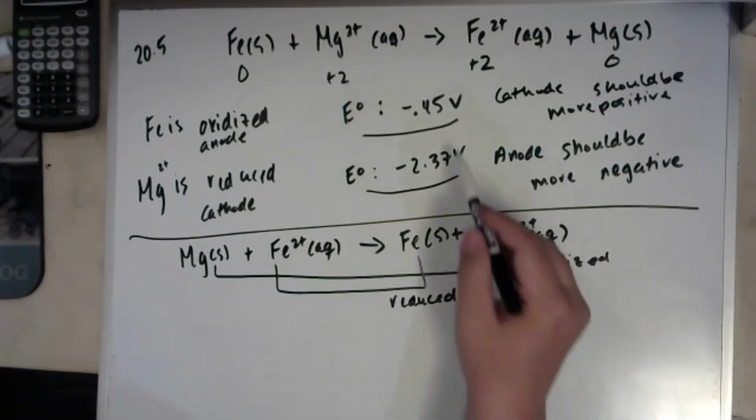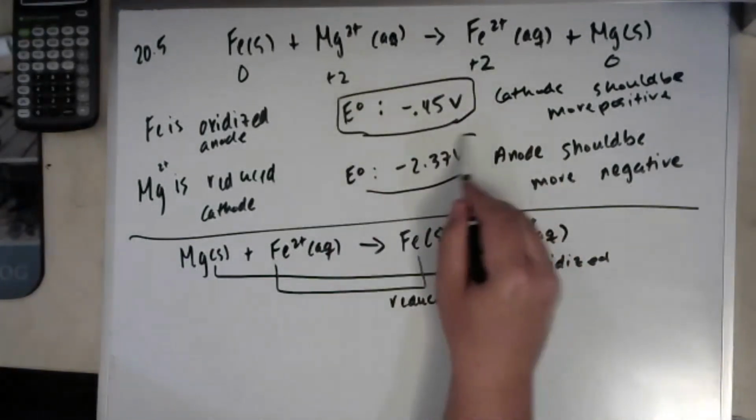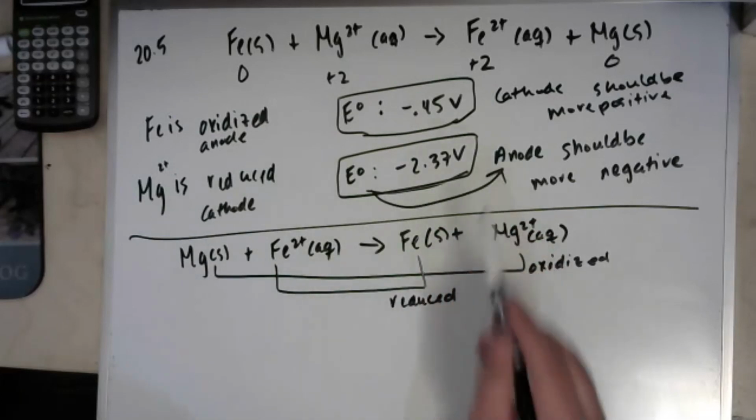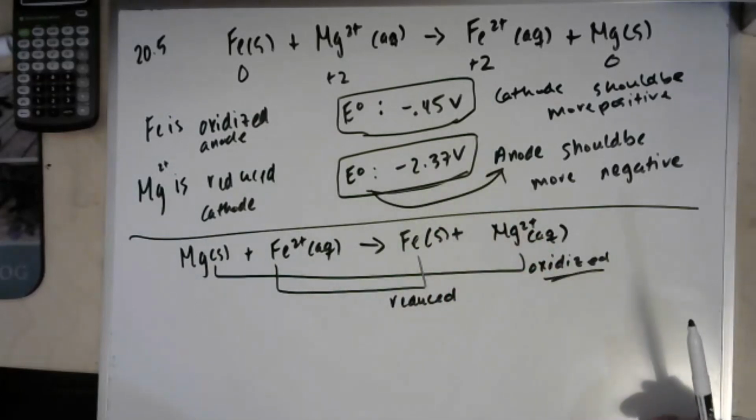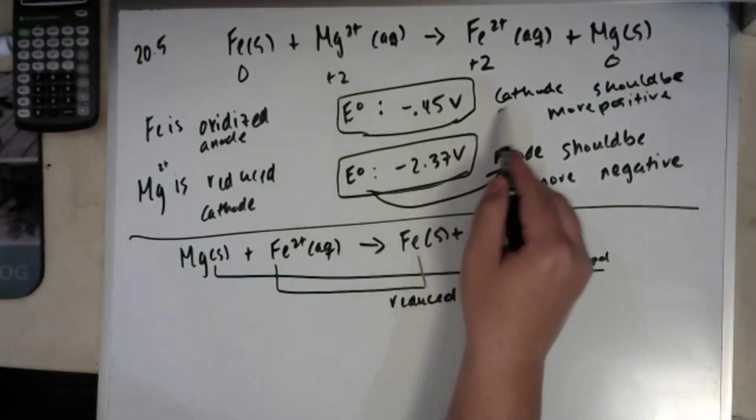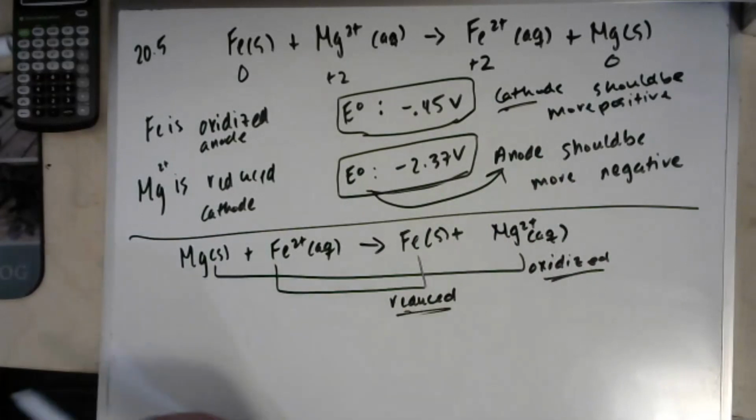This makes sense with the E values for each one, because the magnesium wants to be at the anode. It wants to be oxidized. And then your iron obviously wants to be at the cathode, and it wants to be reduced.